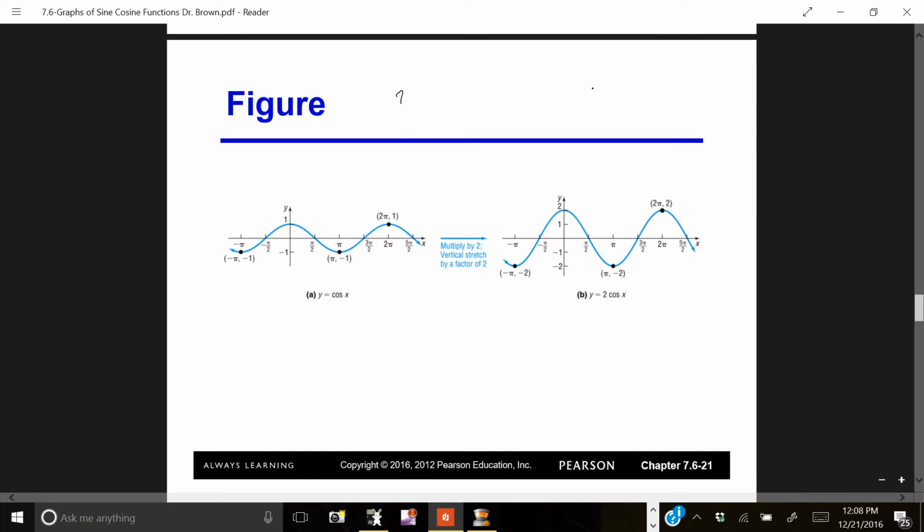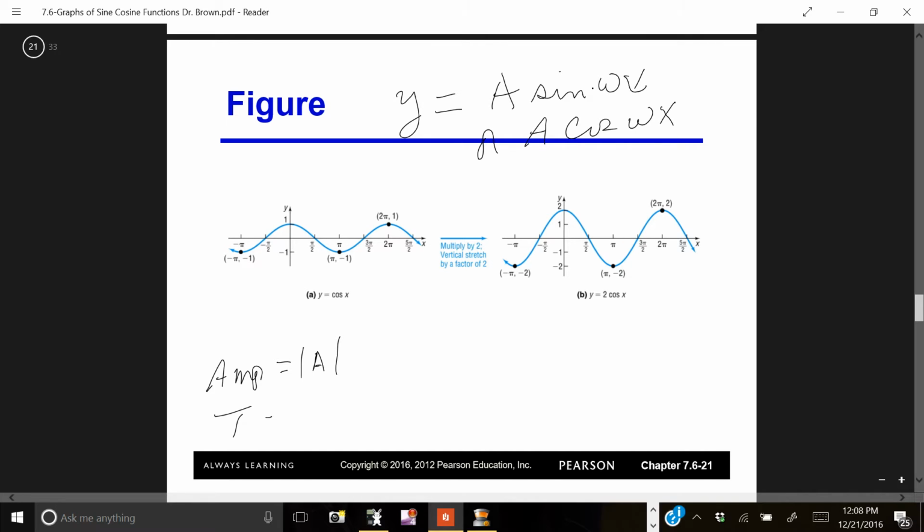If we have y equal a sine of omega x or a cosine of omega x, the amplitude is the absolute value of a, and the period is equal to 2 pi over omega, where omega is what is multiplying the x.